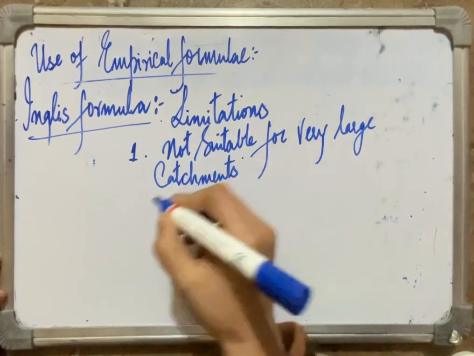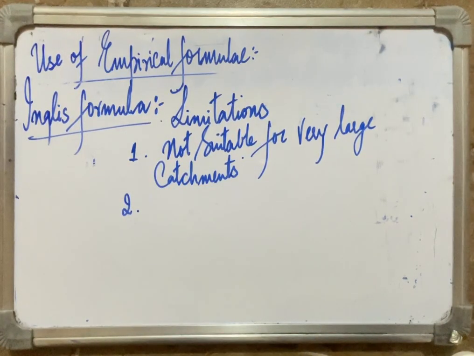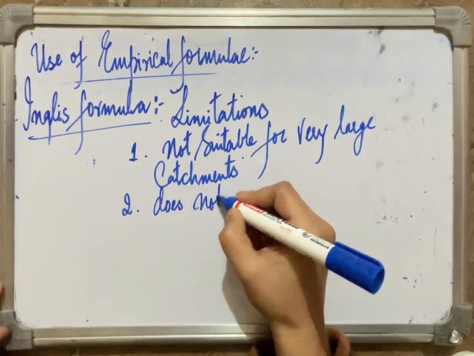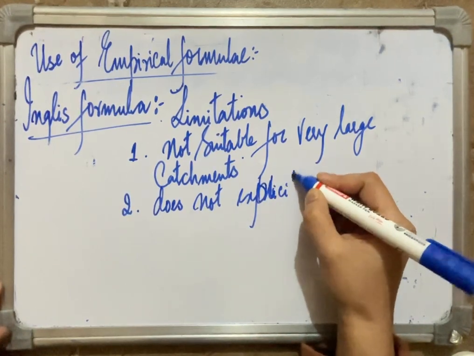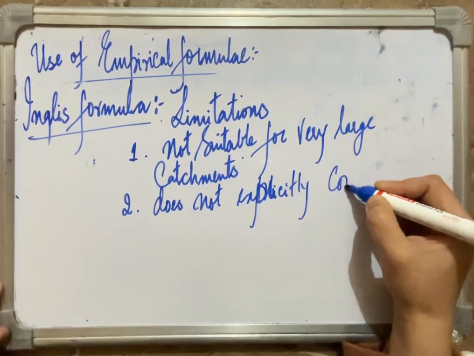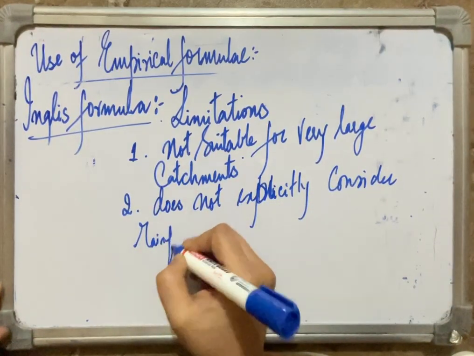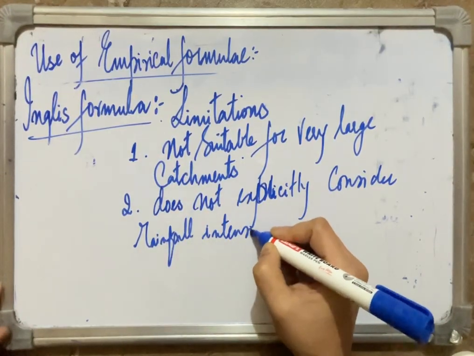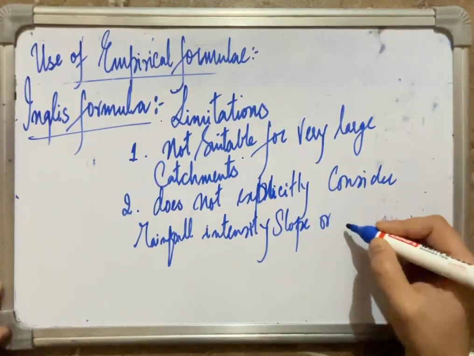The second one being, it does not explicitly consider rainfall intensity, slope, or land use.